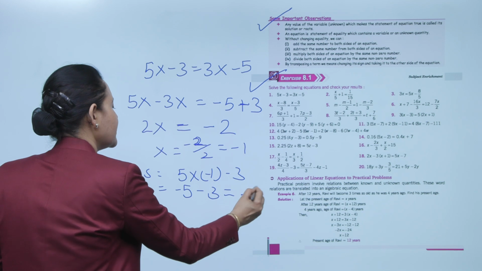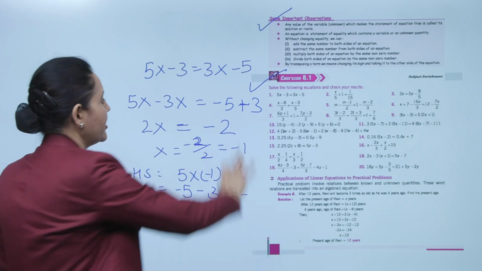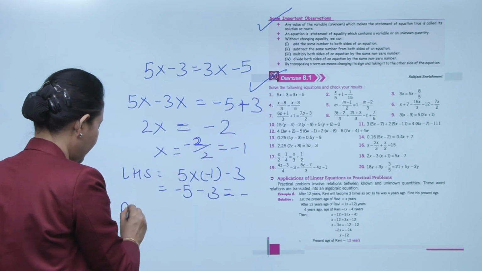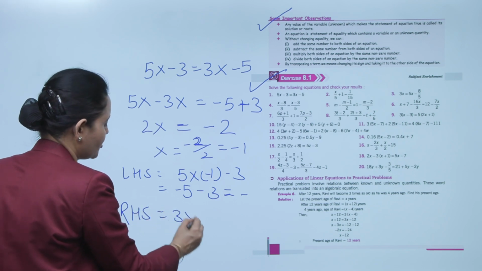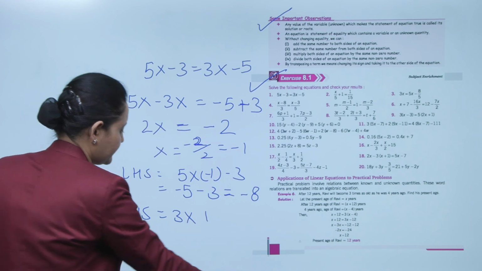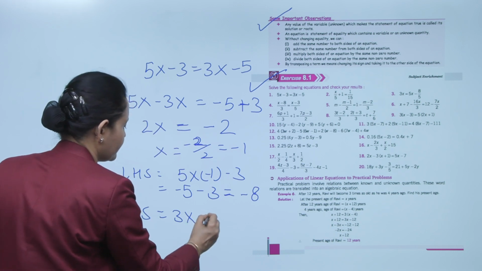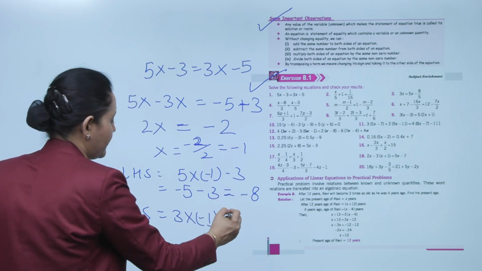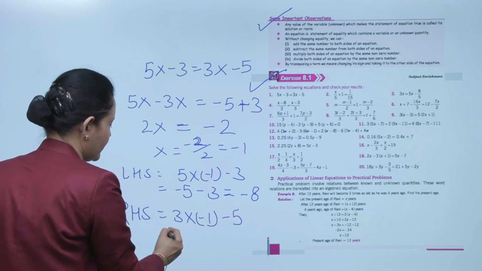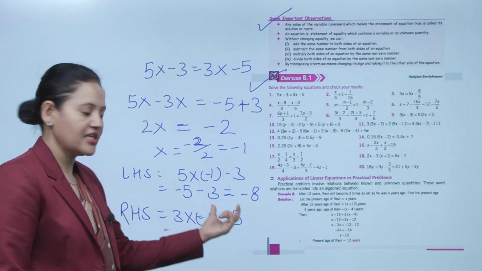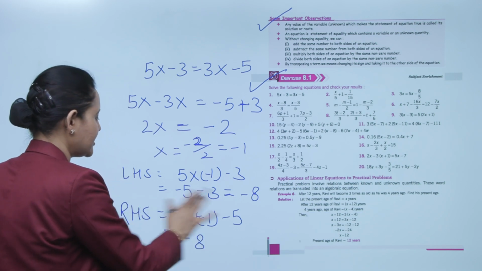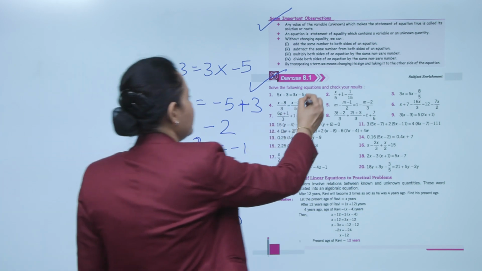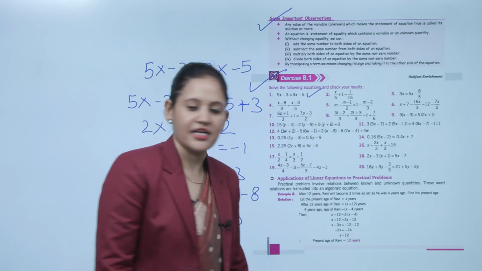Now on the right hand side, we'll put the value in RHS, that is 3 into minus 1 minus 5. So minus 3 and minus 5, that is equal to minus 8, means LHS equals RHS. That means our answer is correct.